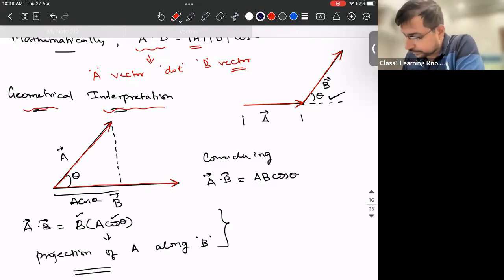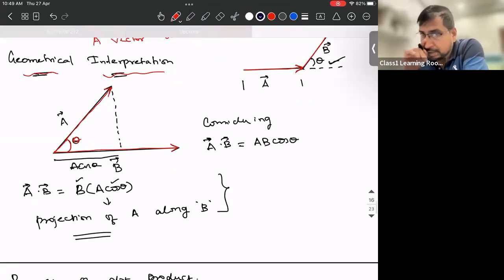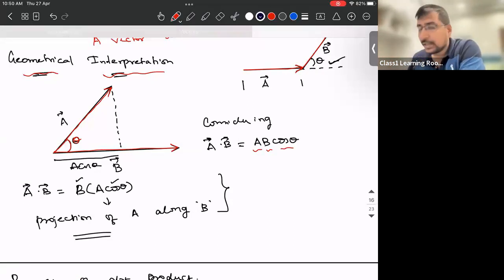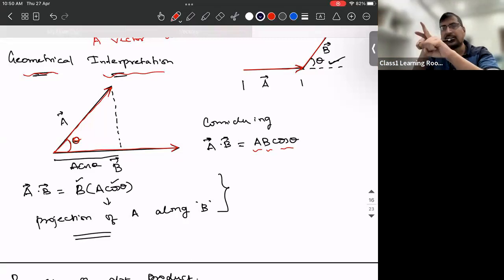If the angle between them is theta, then A vector dot B vector means A into B into cos theta. That's accepted. You're able to see that A is making an angle with B. B vector is longer in the diagram that I've considered.